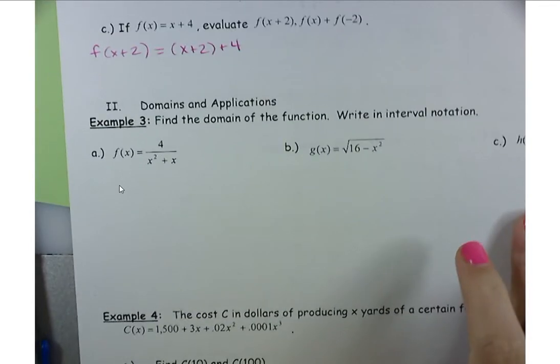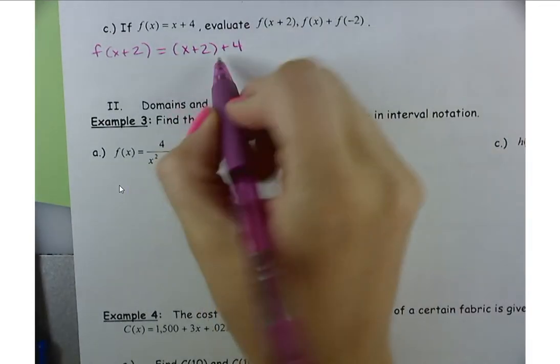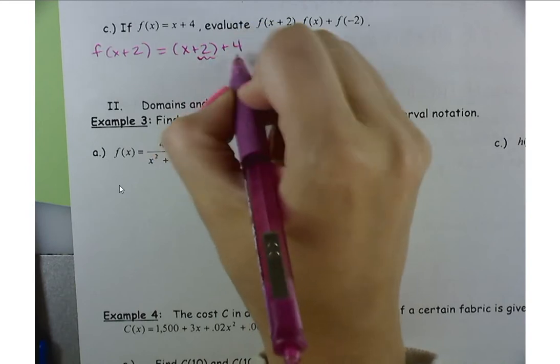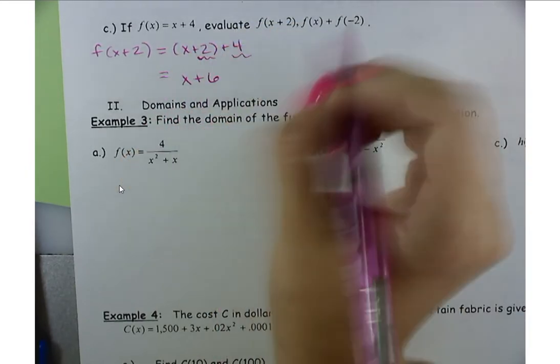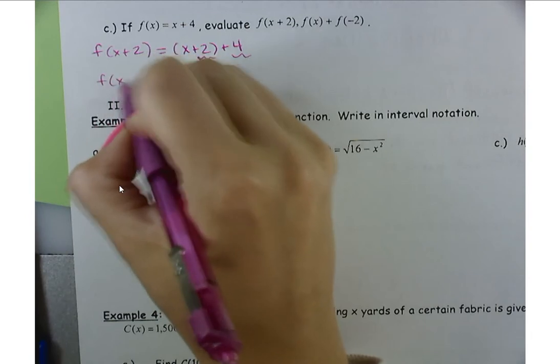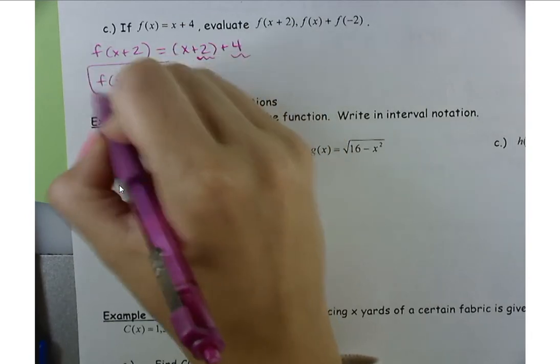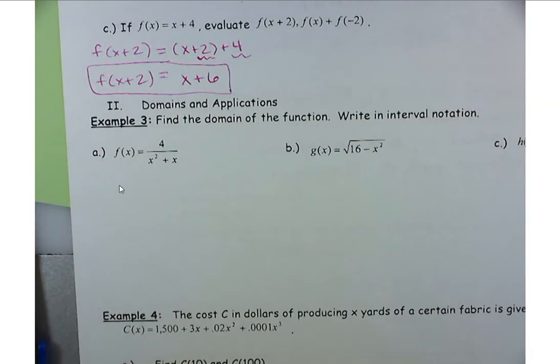Okay, so if I have x plus 2 plus 4, I can add 2 and 4 together, and that would leave me with x plus 6. I only put the parentheses in there to show you that instead of x, I have x plus 2. Okay, so it's a substitution. It's a replacement.